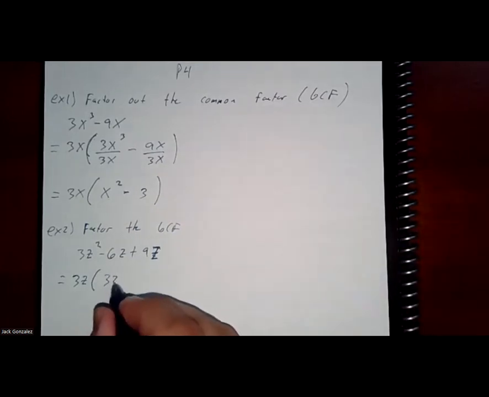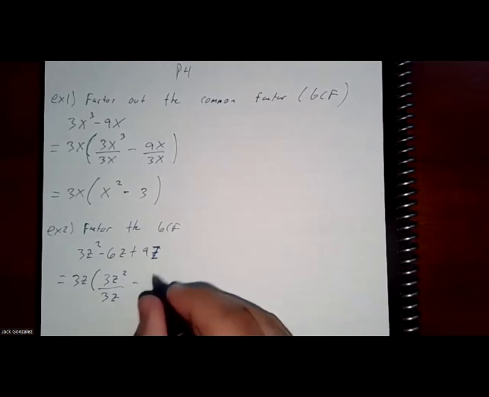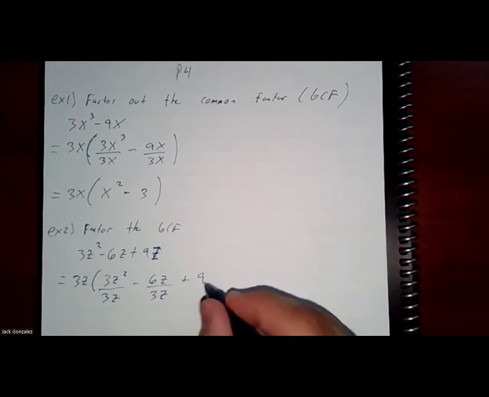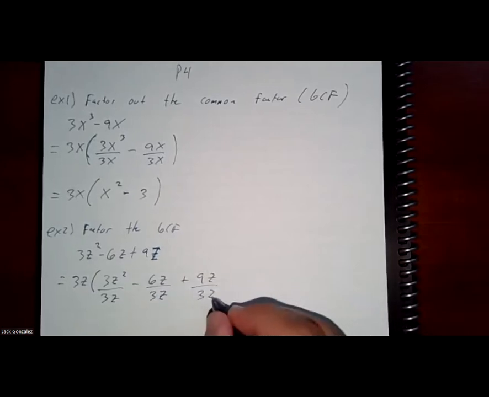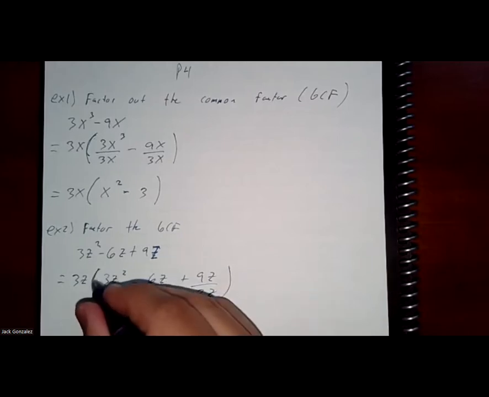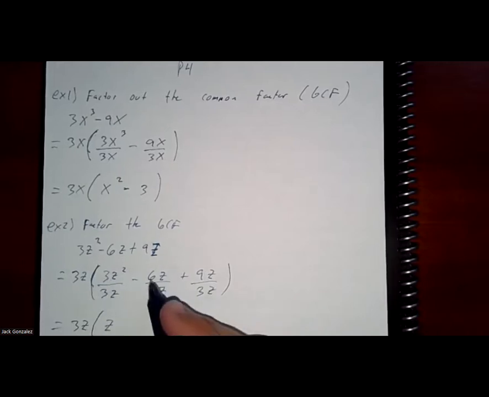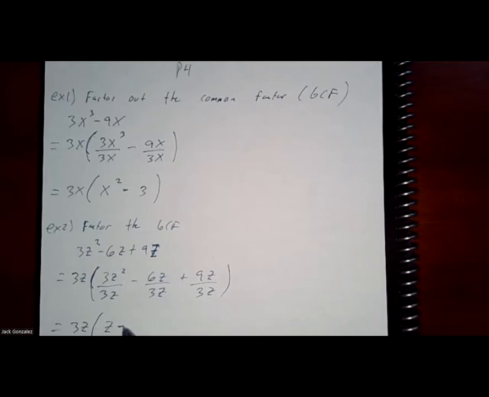So divide this by 3z, this by 3z, this by 3z. So z squared divided by z reduces it by a power of 1. These 3's are gone. 6z divided by 3z, these z's are gone. 6 divided by 3 is a 2.